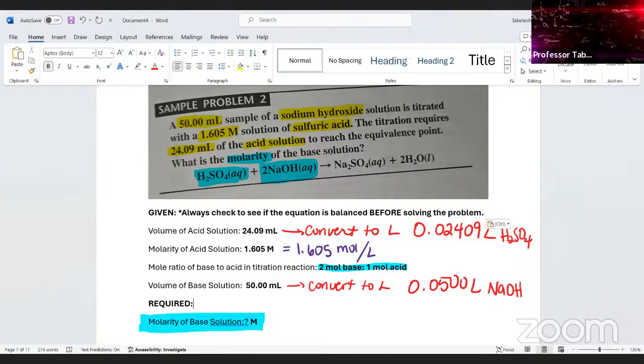What is required is the molarity of your base solution. They did provide you with the 50 milliliters of the sodium hydroxide. So that's what I put right there, the 50 milliliters. But to convert that to a liter, you just move your decimal back 3 places to the left, or you can divide by 1,000, whichever is easiest for you.